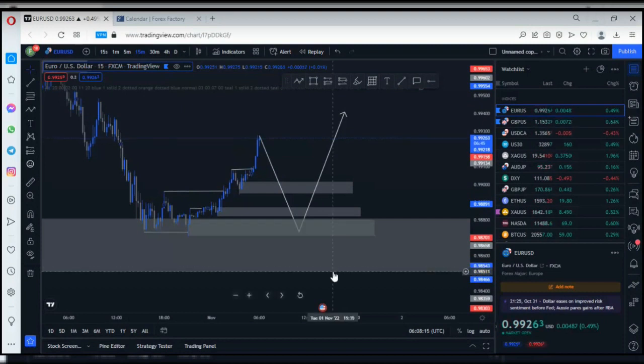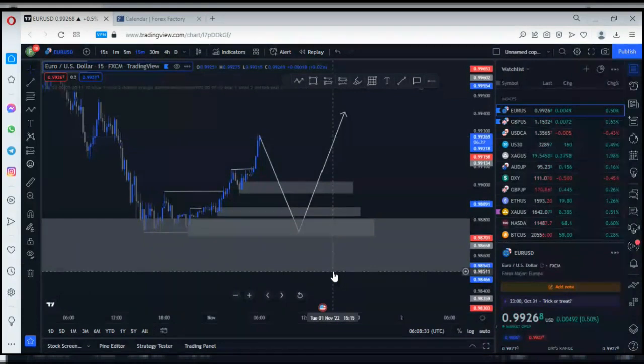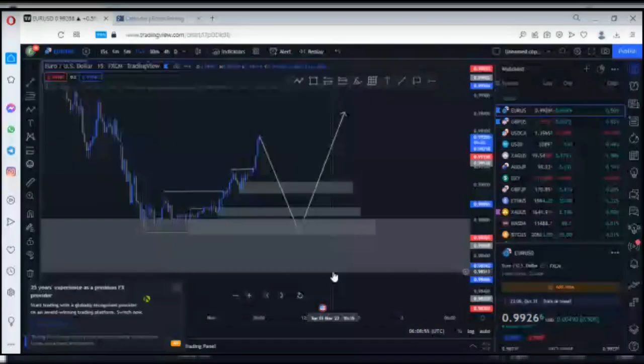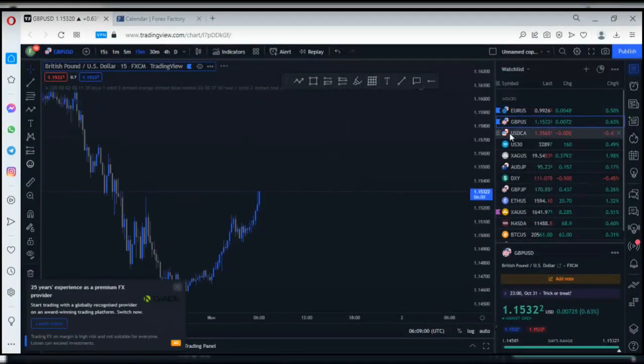So that's Euro USD. So our next pair will be GBP USD, then US30, and gold too.